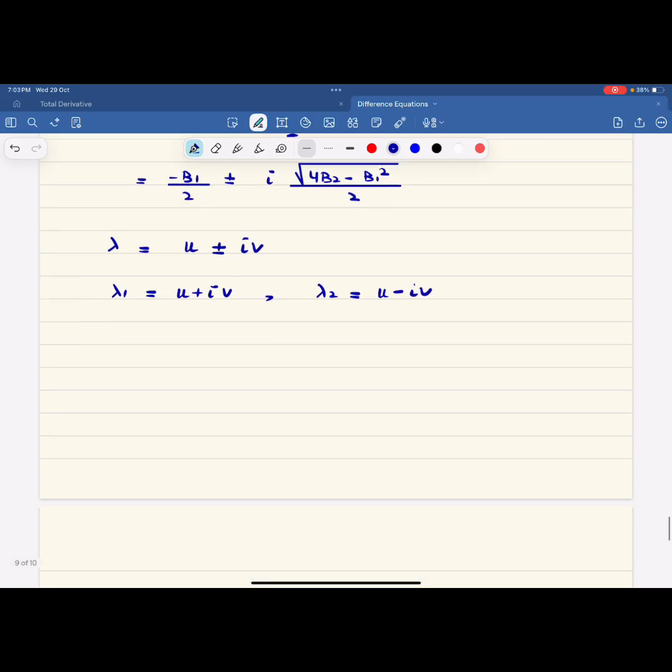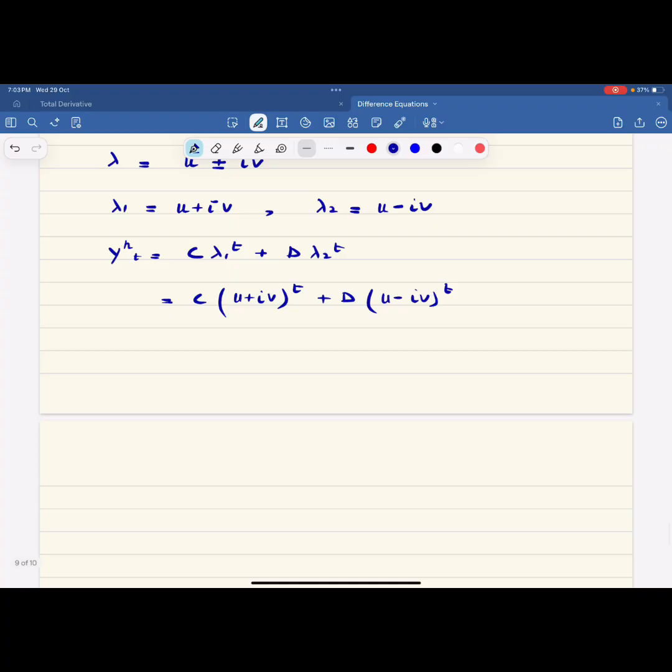Okay, so what will the homogeneous solution look like? We know the homogeneous solution should be some constant C λ1^t plus constant D λ2^t. So for λ1 we have (u + iv)^t, and for λ2 we have (u − iv)^t. As you know, we represented this using cos and sine.